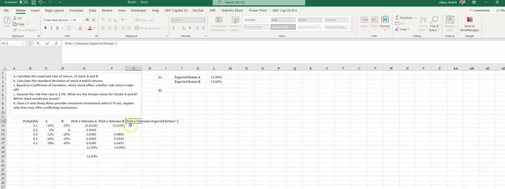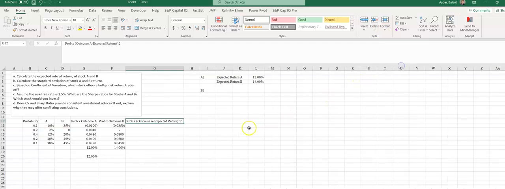So probability times (outcome minus expected return) to the power 2, for asset A.